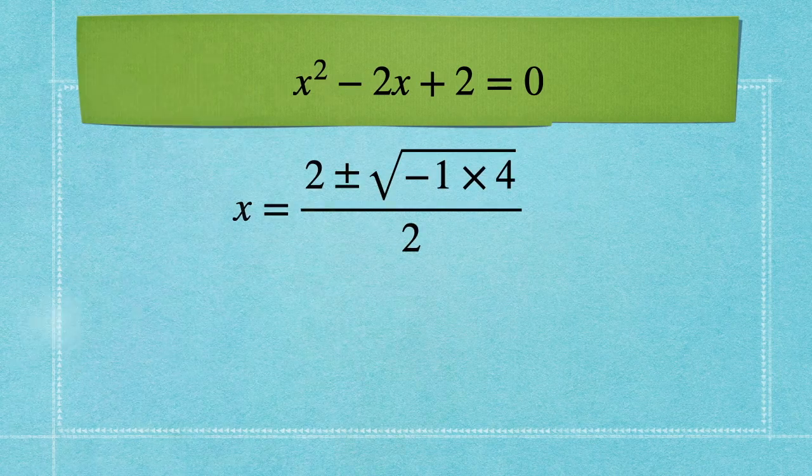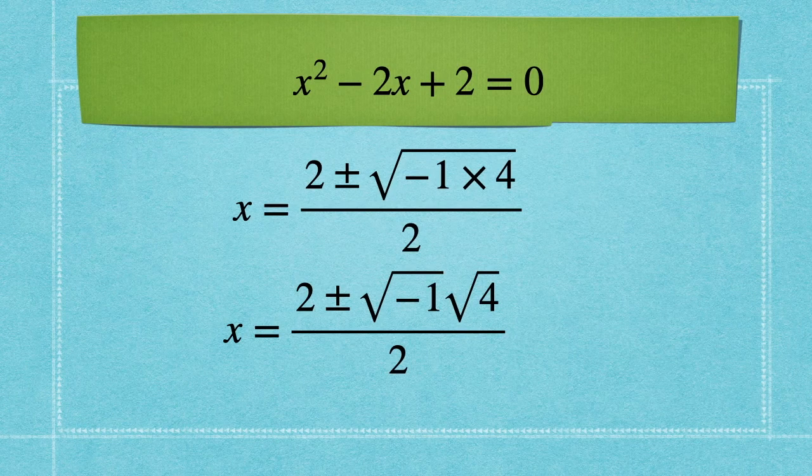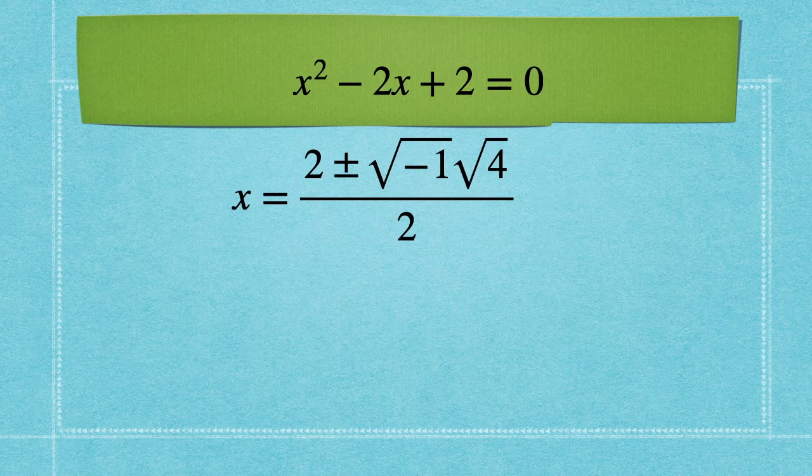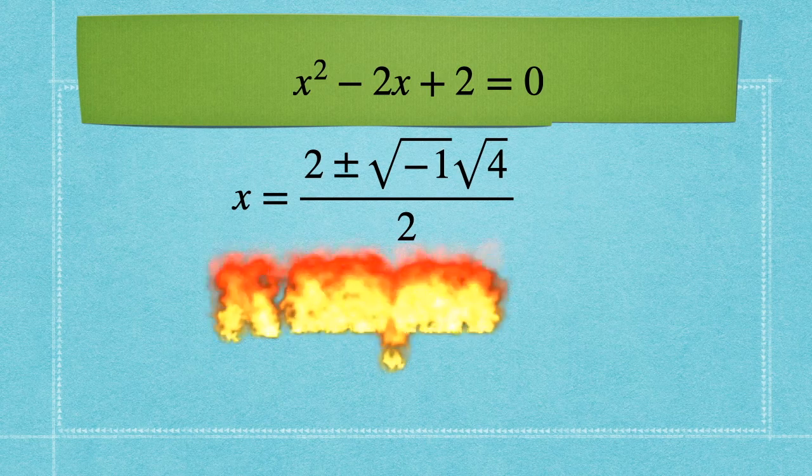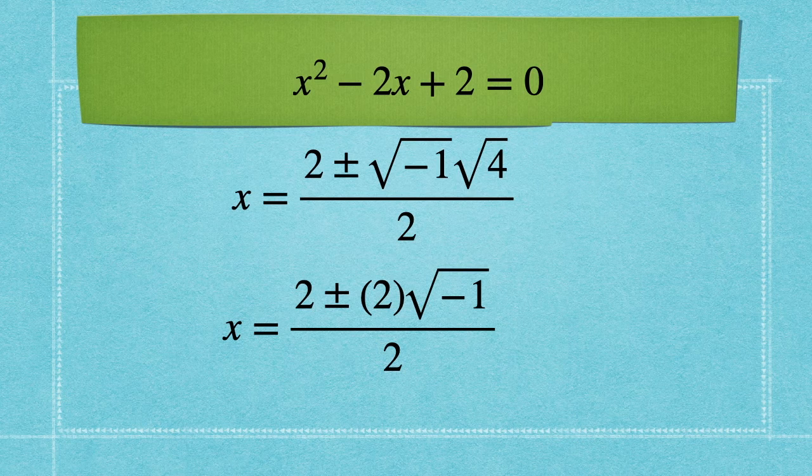Now the square root of negative 1 times the square root of 4 is the same thing as the square root of negative 1 times 4. All I'm doing is splitting, so this big square root becomes the square root of negative 1 times the square root of 4. Having this split, we can simplify the square root of 4, which is 2.